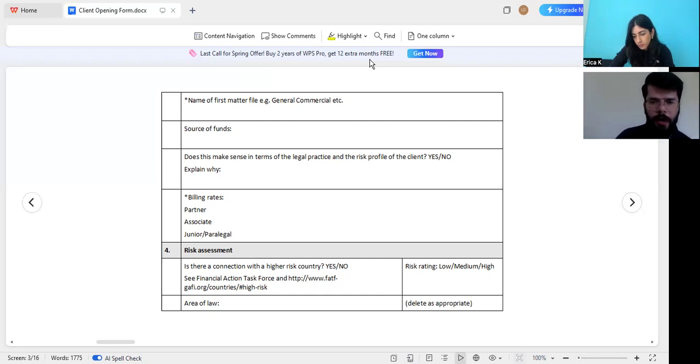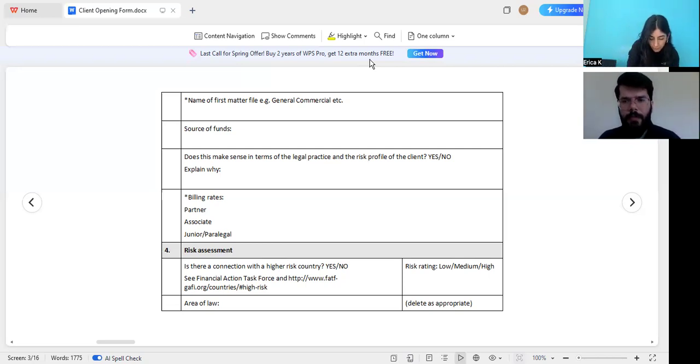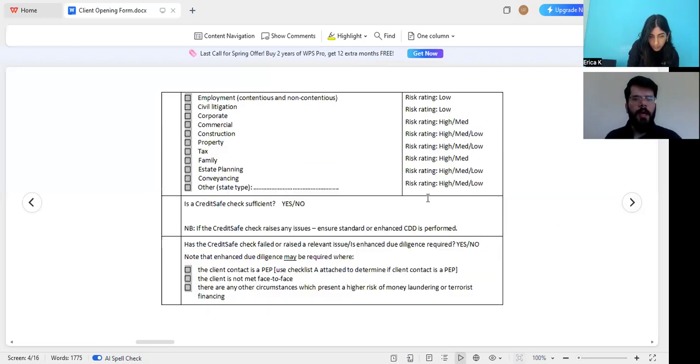Now, area of law: it's commercial or residential conveyancing. In this instance, it would be residential conveyancing, and you can say, yes, just residential conveyancing is fine. Then we've got, sorry, areas of law.